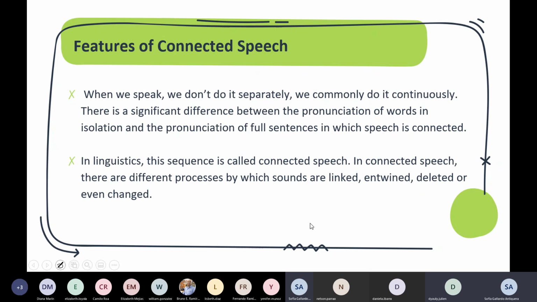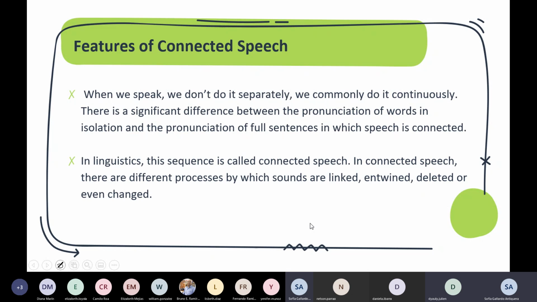There is a significant difference between the pronunciation of words in isolation and the pronunciation of full sentences, in which speech is connected. In linguistics, this sequence is called connected speech.